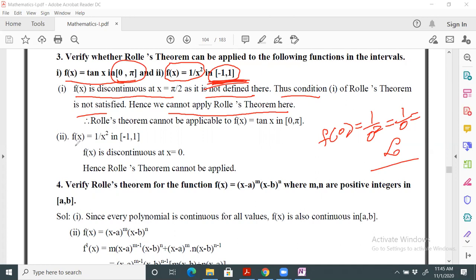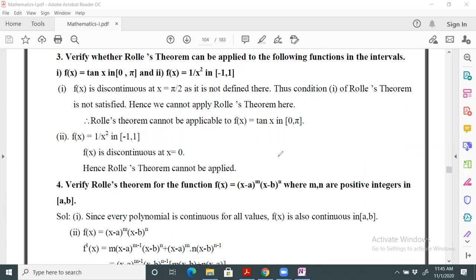So as we discussed, f of x equals to 1 by x square is not existing at x equals to 0. So f of x is discontinuous at x equals to 0. Exist అవ్వట్లేదు అంటే discontinuity అవుతున్నట్టే. So the first condition itself is not satisfied, hence Rolle's theorem is not applicable. So these are the points.